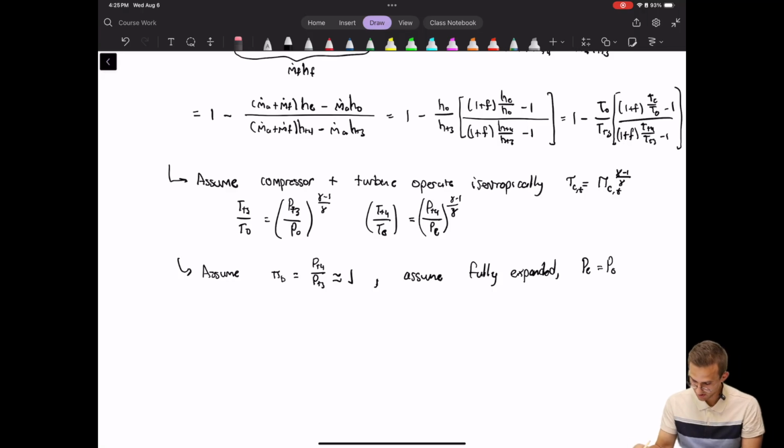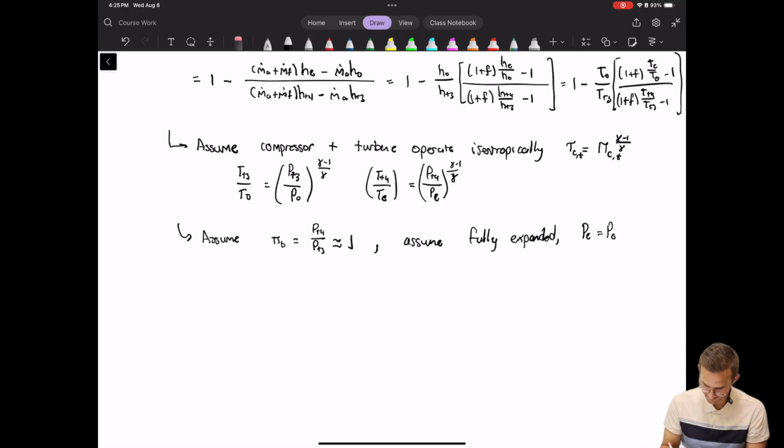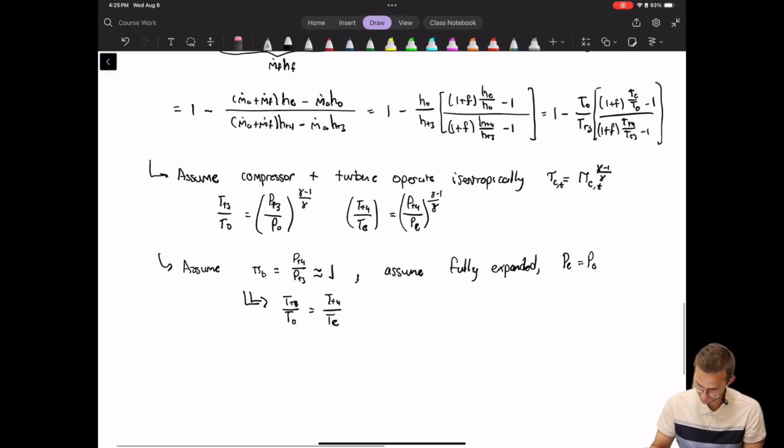Okay, and with all of those assumptions put into effect, that implies that TT3 over T naught is equal to TT4 over TE. Okay, and what that does is it makes this last thing up here on the top right, this whole quotient, go to 1.